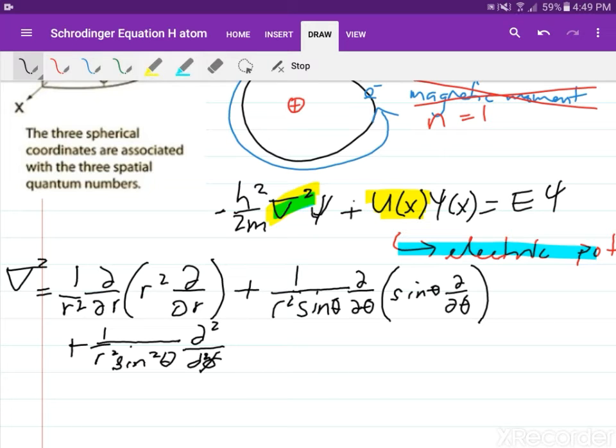Okay, so we will be acting the Laplacian on our wave function.